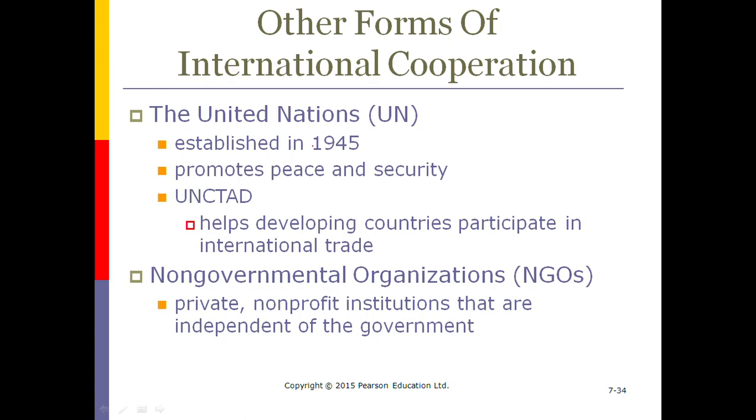Under that, there is UNCTAD, which helps the developing countries to participate in international trade. The UN also allows the formation of non-governmental organizations, NGOs for short, which are private non-profit institutions that are independent of the government, and they try to uphold the rights of people in various parts of the world.